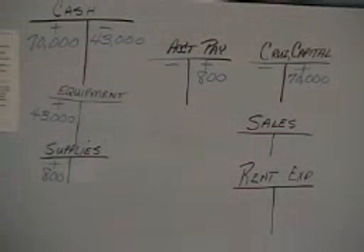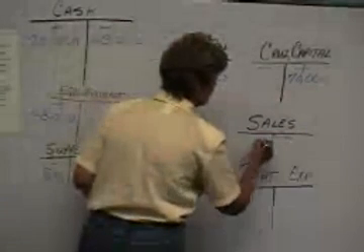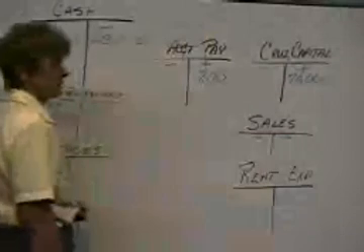Another transaction that's listed in the text is Cruz Auto Detailing sold services for cash. Services is revenue or sales. The two accounts then involved in that transaction are cash and sales. If we are selling our services, we are increasing our sales. Sales is a revenue account. Revenue accounts increase on the credit side.